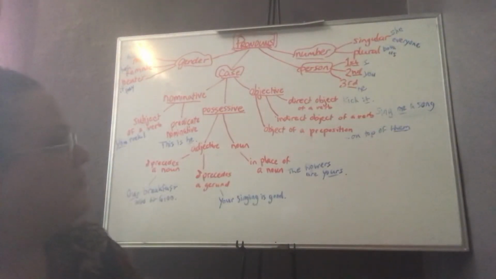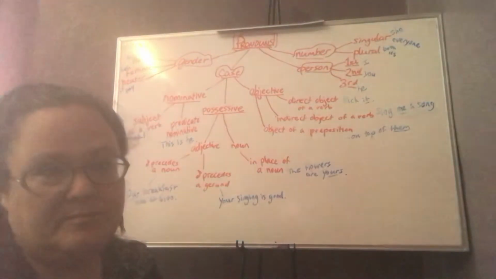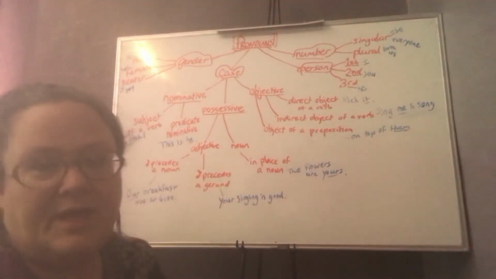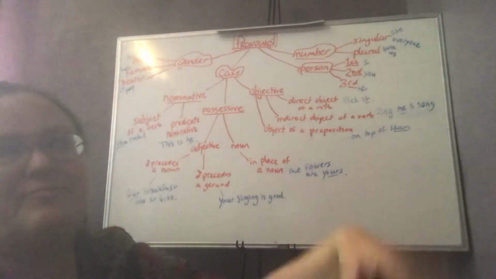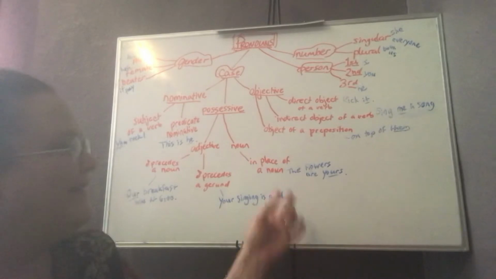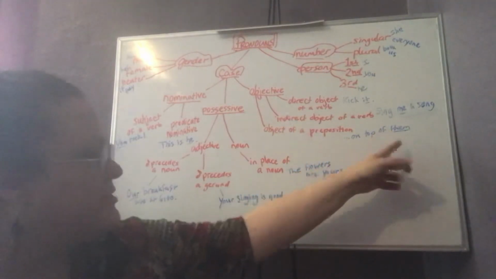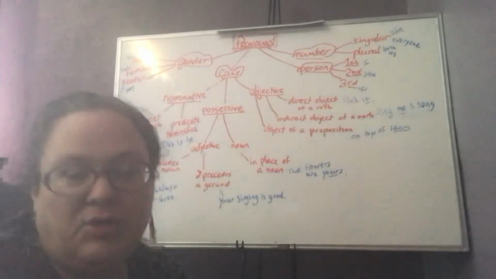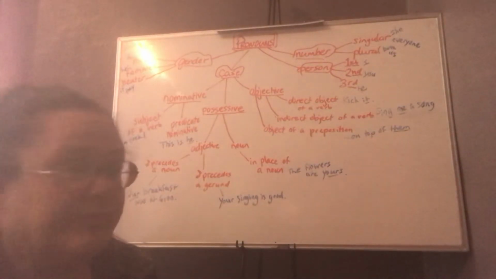And then the object of a preposition: put candles on top of them. So them is taking the objective form because it's the object of the preposition. You wouldn't say on top of they, for example, because they is nominative.